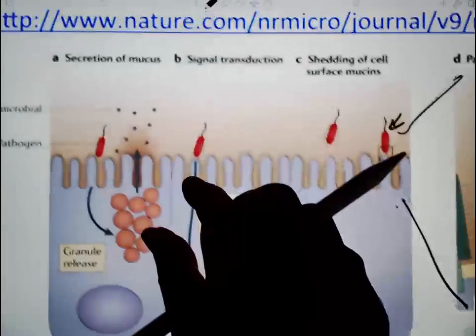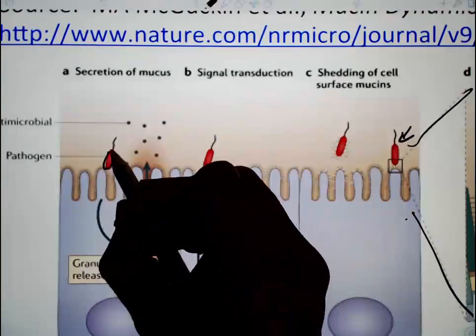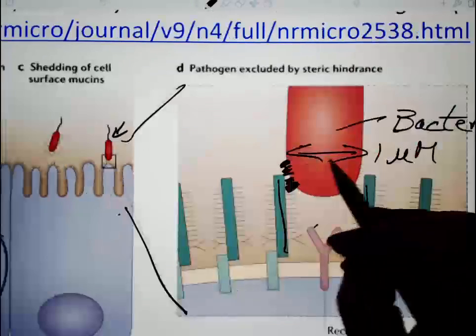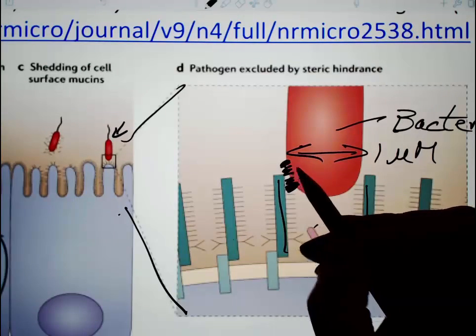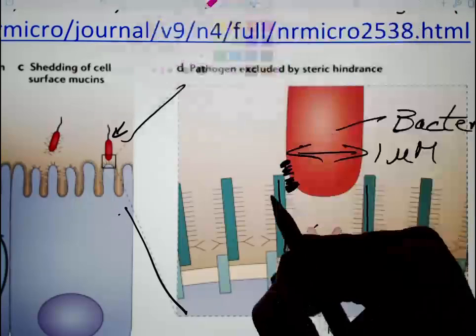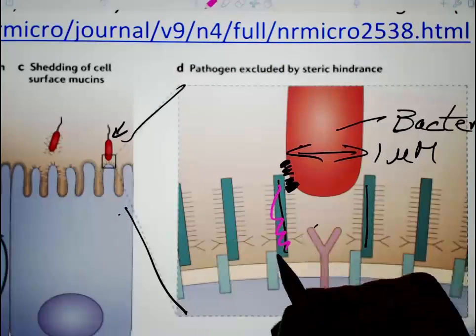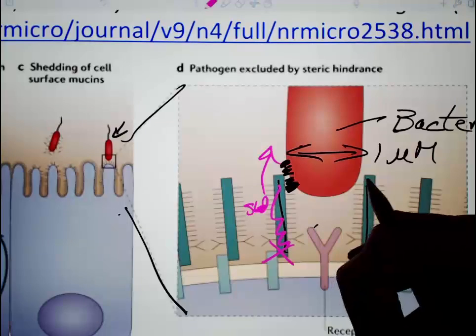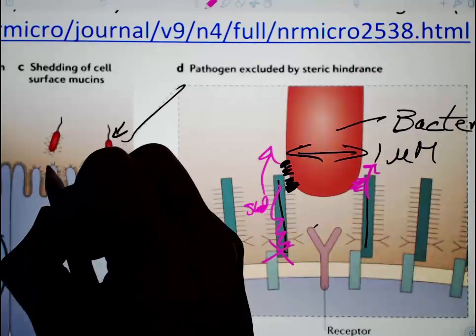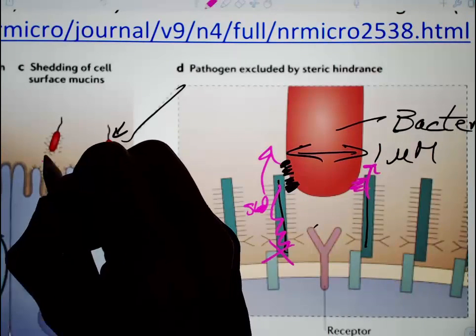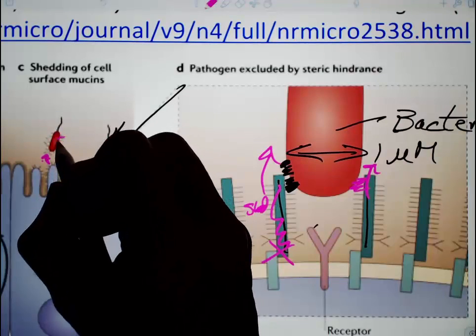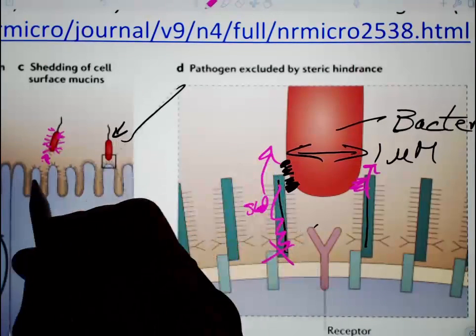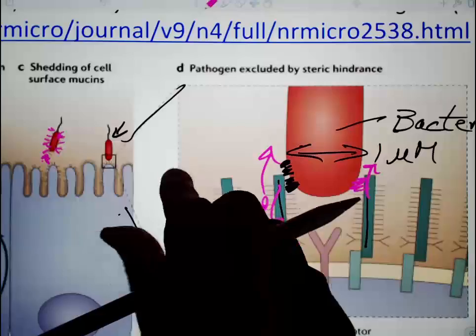When a pathogen does make it through, contact of a pathogen with mucus, the mucin, the mucus, will tend to stick to the pathogen. That causes a conformational change and makes this mucus be shed. Bacteria that encounter mucus wind up being shed with a coating of mucus, which makes it difficult for the bacteria to survive and reproduce.